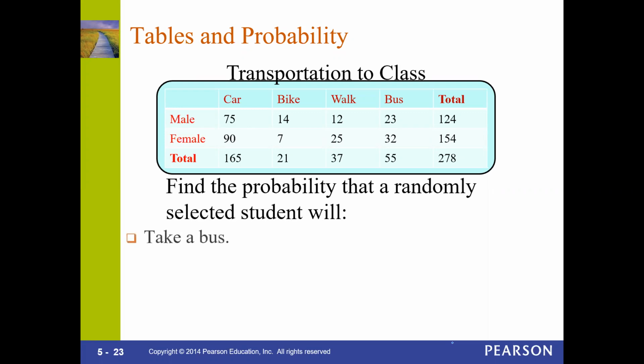What is the probability to take the bus? We have a total of 278 right here. If you look at the table carefully, it means 75 men are taking cars, 14 men are taking a bike, etc. And about the females, 90 females are taking cars, etc., and 32 are taking the bus.